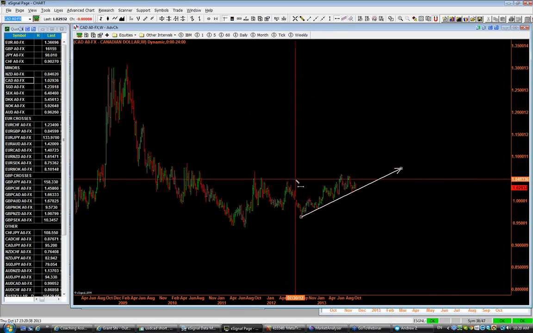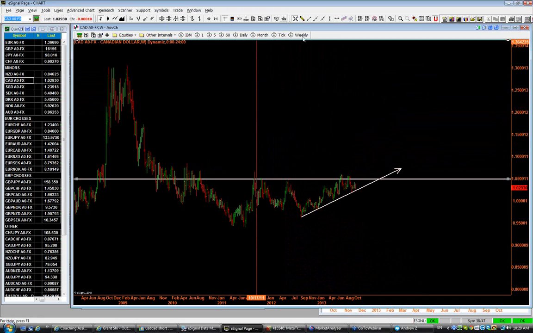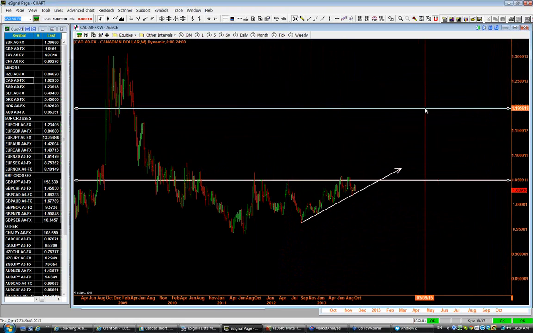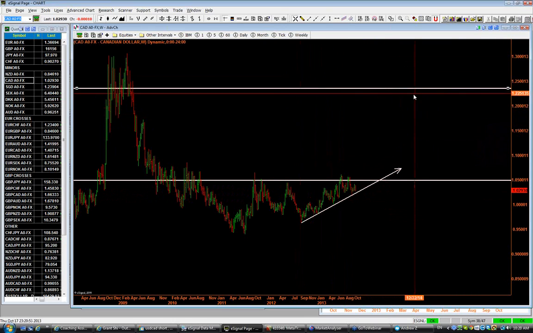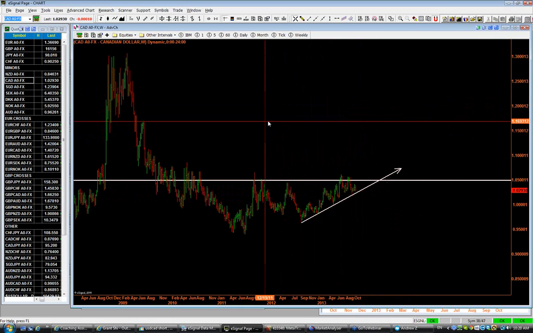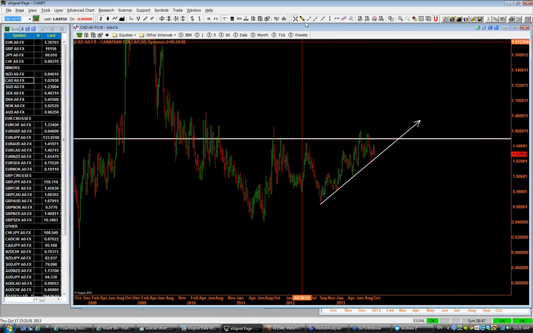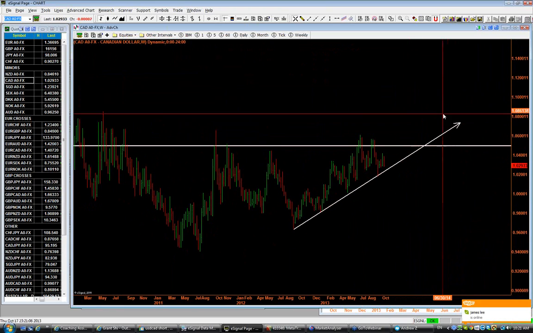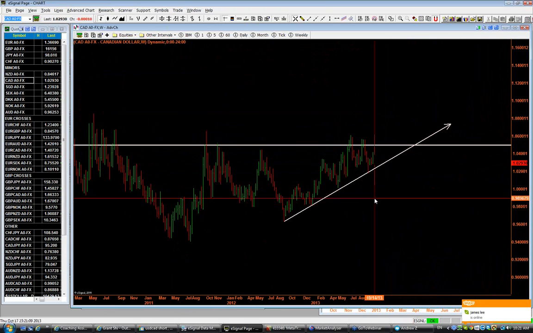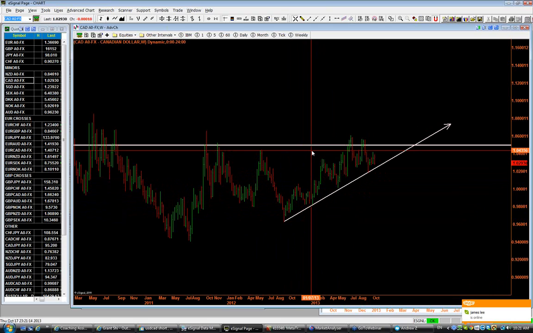This is a horizontal. Okay, the weekly trend is still an uptrend.